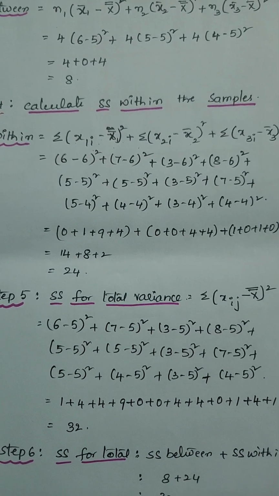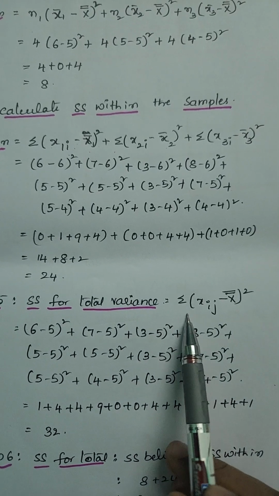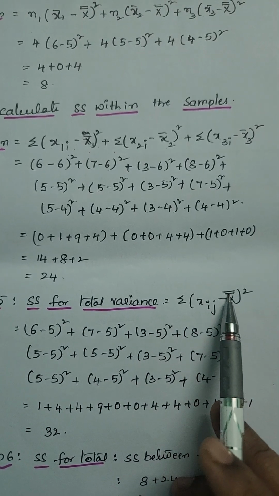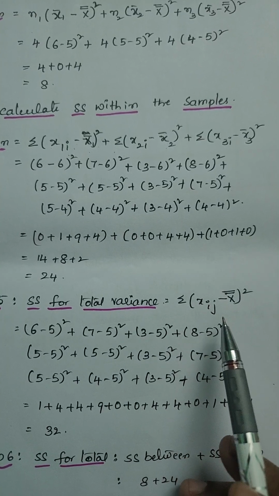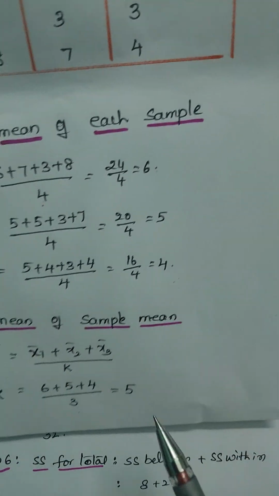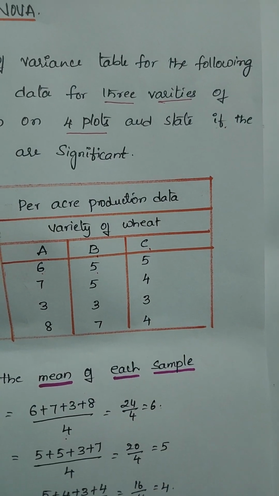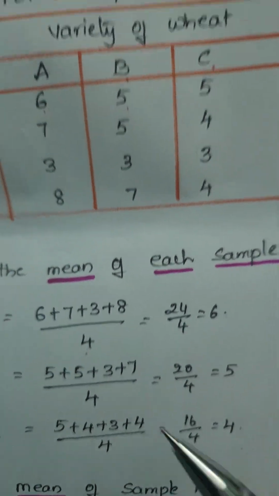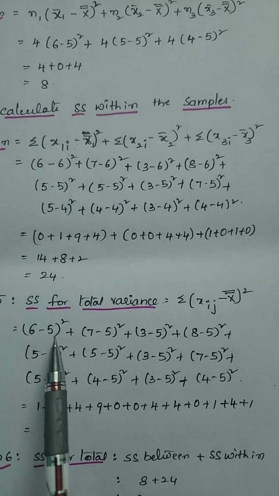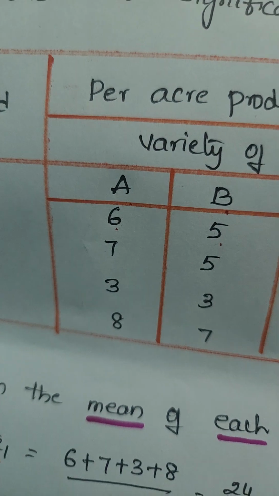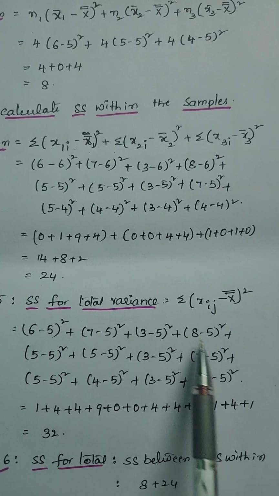Now in step 5, we will find SS total variance. The value is sigma (xij minus x double bar) whole square. xij is all the entries of the given table. The x double bar value is 5. So subtract this value from all the values of this table: 6 minus 5, 7 minus 5, 3 minus 5, 8 minus 5, plus 5 minus 5, and so on for all the values.